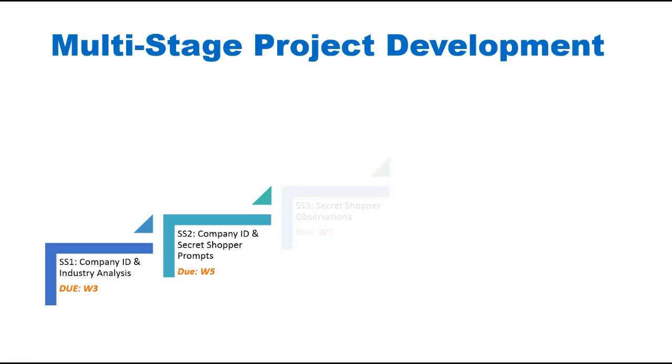That is the work of stage 3 or SS3, where you will then conduct the observations against your scorecard. You will have developed your scorecard, and then to take note, this is about 2 weeks after the second stage.